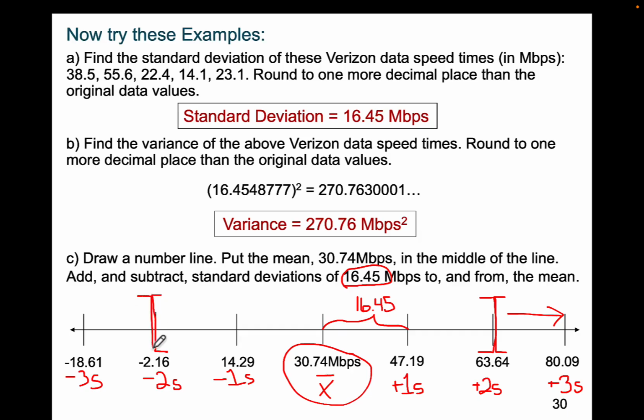And in the other direction as well. Unusual values will be further than 2 standard deviations below the mean. This right here is going to be our ordinary values. And anything further than that will be unusual. Got a visual on the next slide.